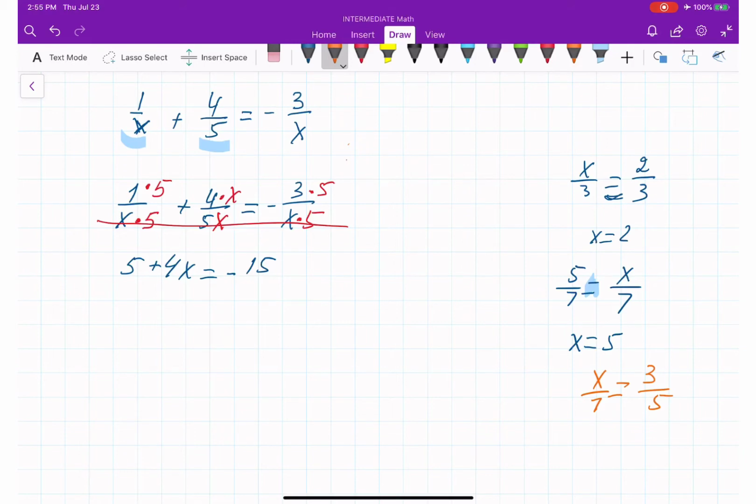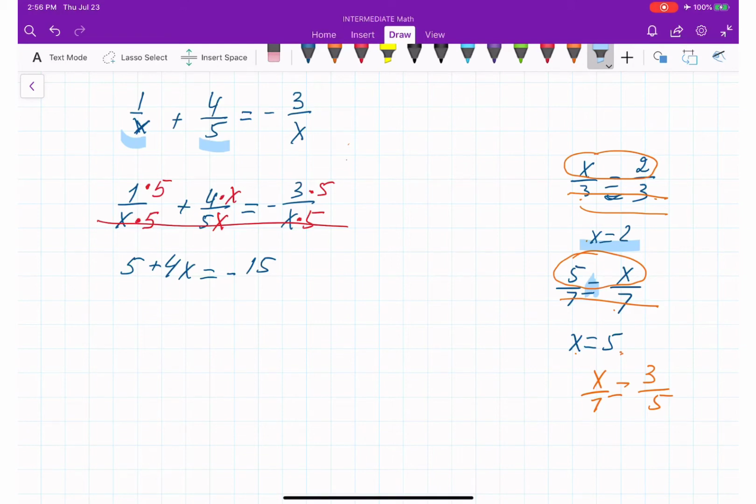So what's happening in the case of the same denominator? If denominators are the same, pay attention. Practically, I'm dropping the denominator and reading the numerators equal to each other. 5 is equal to x, or x is equal to 5. In this case, the denominator is the same, so I'm dropping it and reading x is equal to 5.